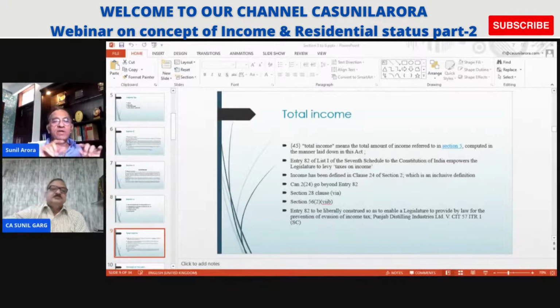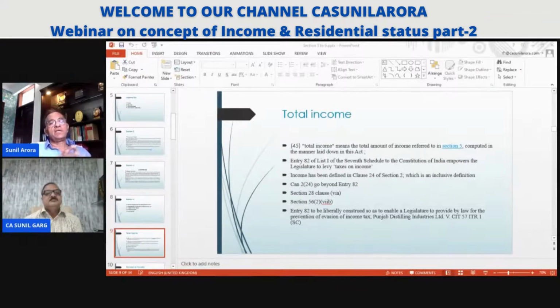And power to levy tax on income includes the enactment of laws which ensure that the tax on the income is not lost, and to legislate those laws. And one such ruling was in the case of Punjab Distilling Industries, 57 ITR 1 Supreme Court, a very old ruling. But then the concept is that it has to be liberally construed.